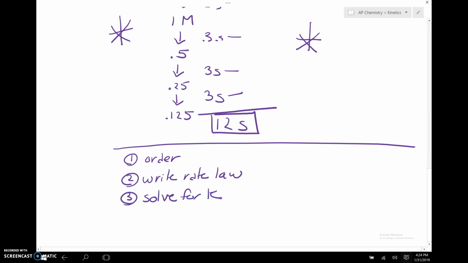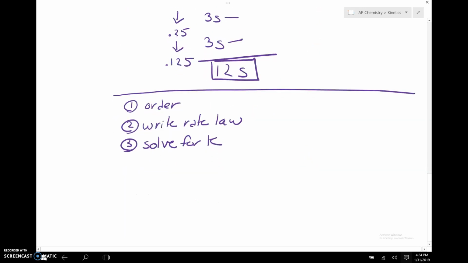Now solving for K, remember, probably means finding the slope of the straight line.